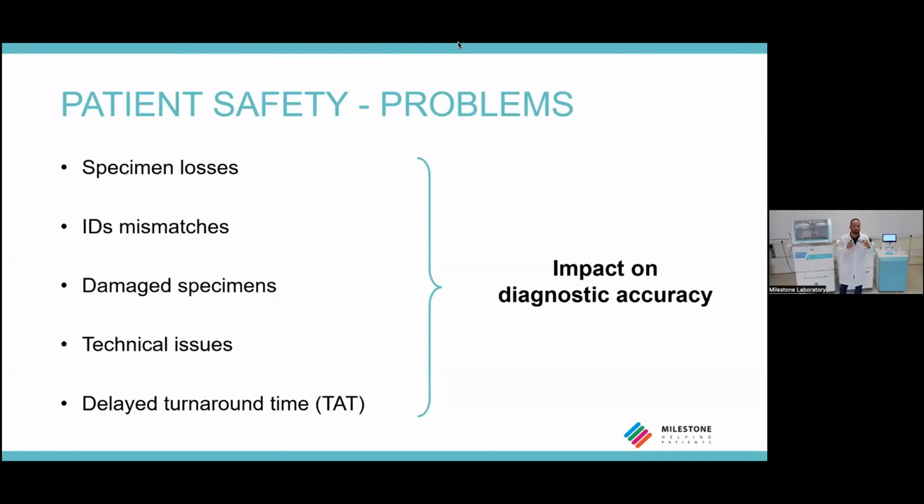This could be due to improper processing or wrong handling of the sample. This can harm the patient. There could be technical issues, and all those problems affect the diagnostic accuracy in different ways. But the only result is not a proper diagnosis that, of course, has a negative effect on the patient.